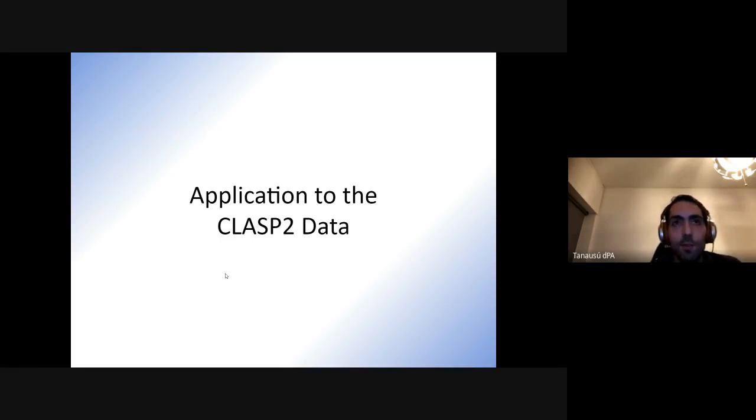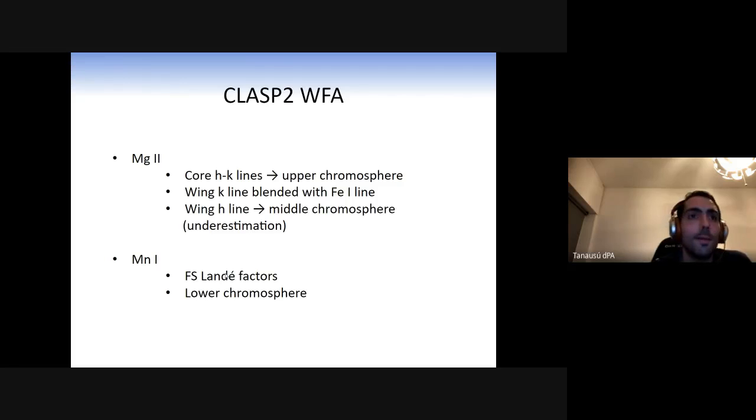So we are in a position to apply the weak field approximation to the actual class 2 data. Remember that we have the application to the core of the H and K lines. This will give us the magnetic field in the upper chromosphere. We cannot use the wing of the K line because it is blended with a neutral iron line, and that makes it not antisymmetric.